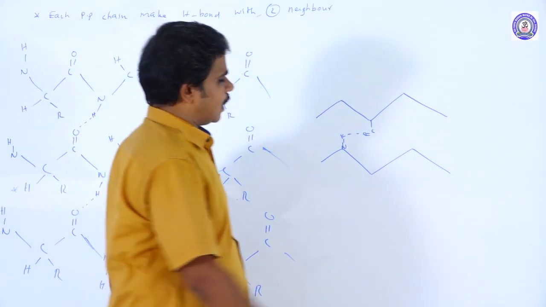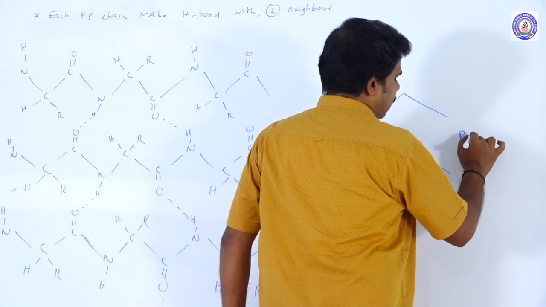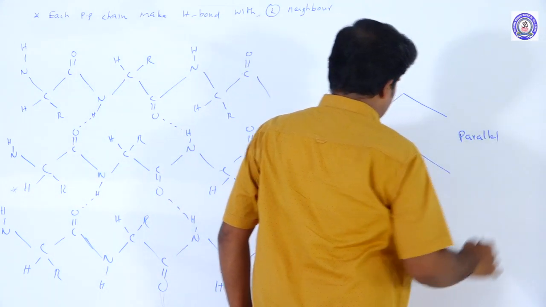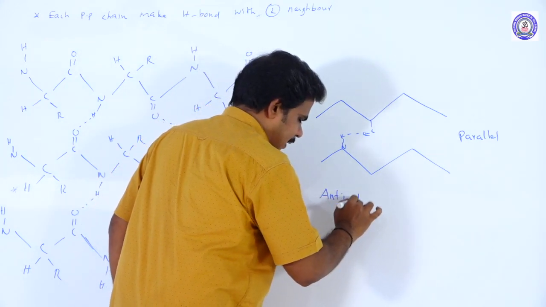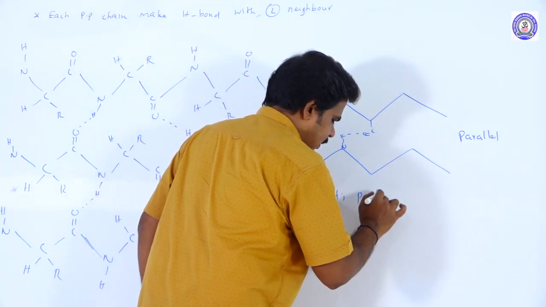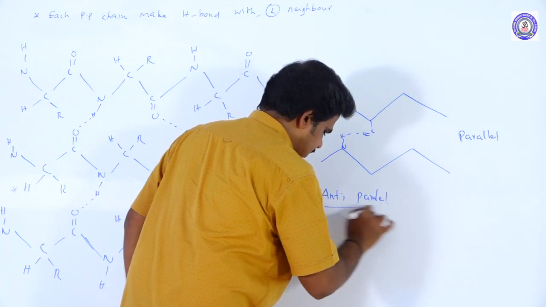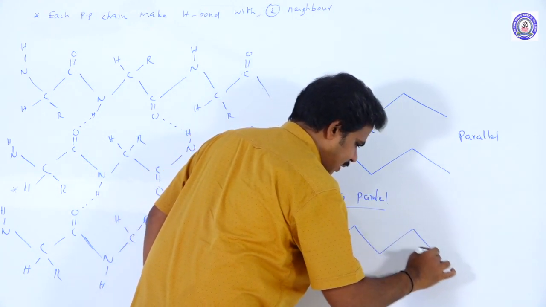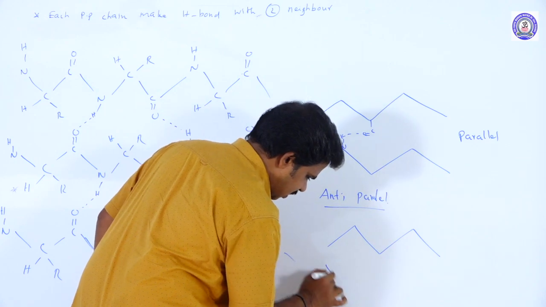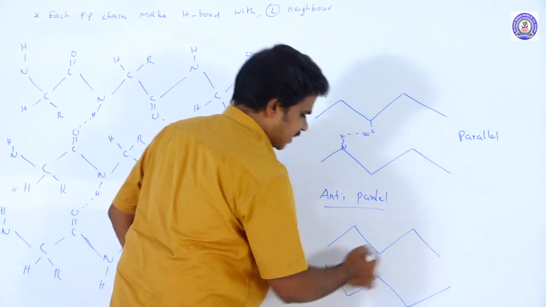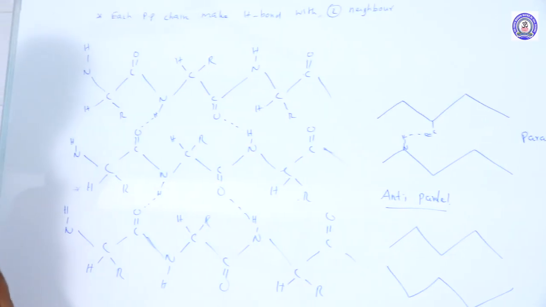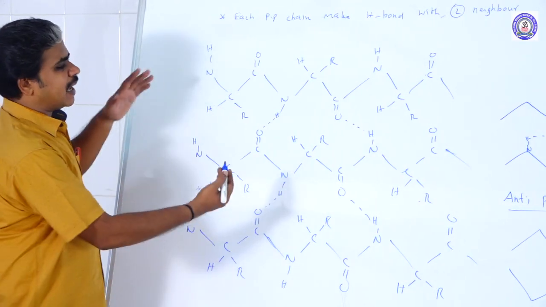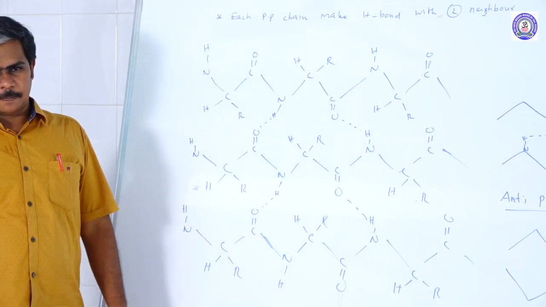It may be parallel or anti-parallel. Anti-parallel means, in a zigzag manner, it is the opposite one. So the beta pleated structure is in a parallel or anti-parallel way.